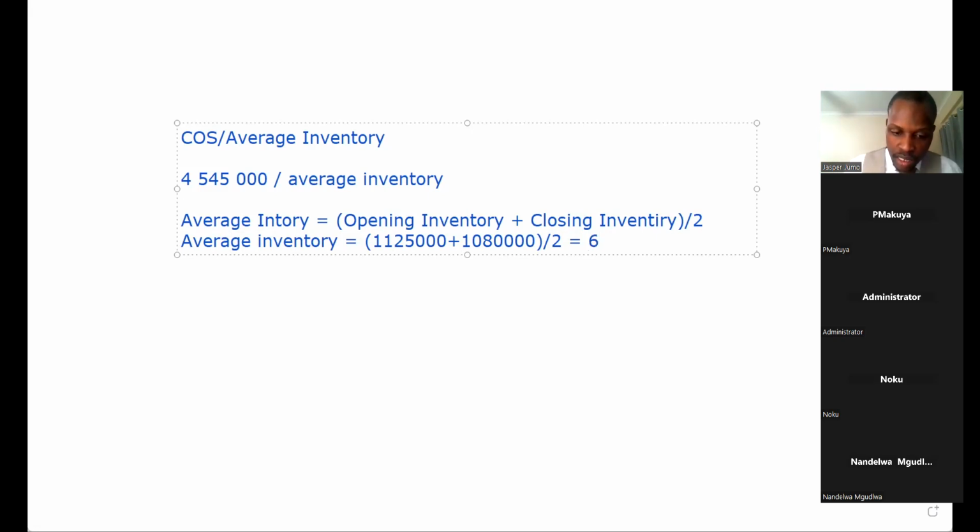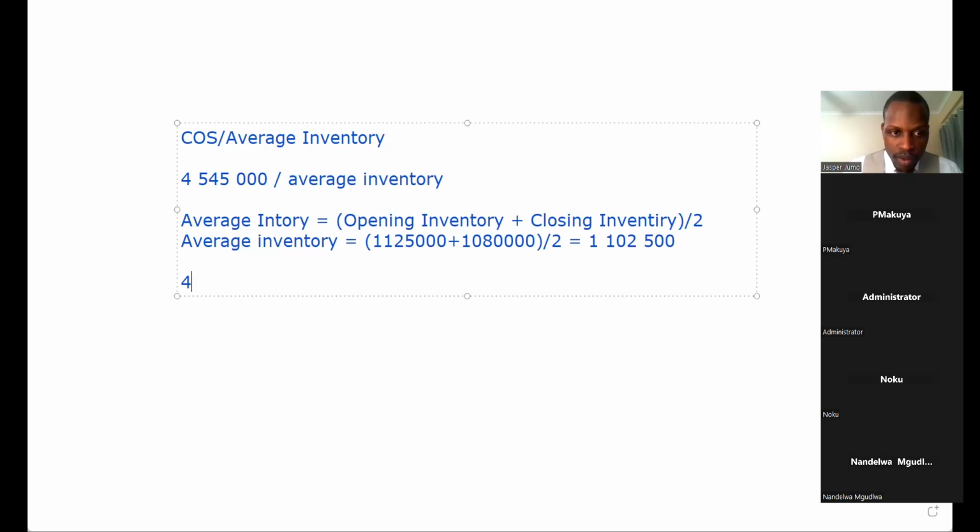And that gives us an average inventory of 6. Is that correct? 1125,123 plus 1080,123 divided by 2. That gives me 102,500, right?